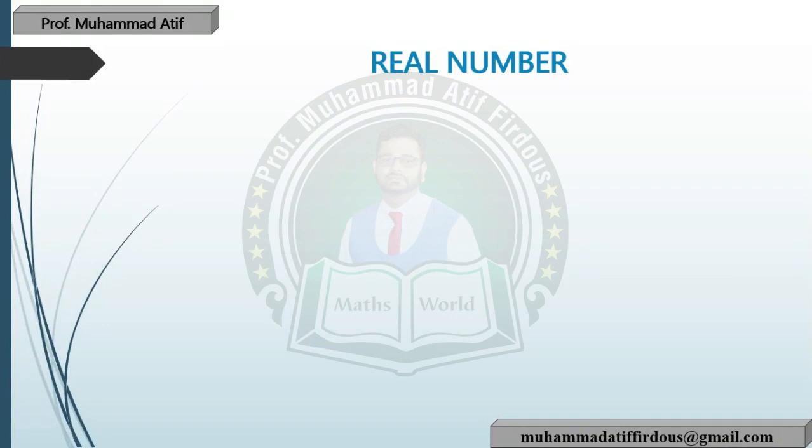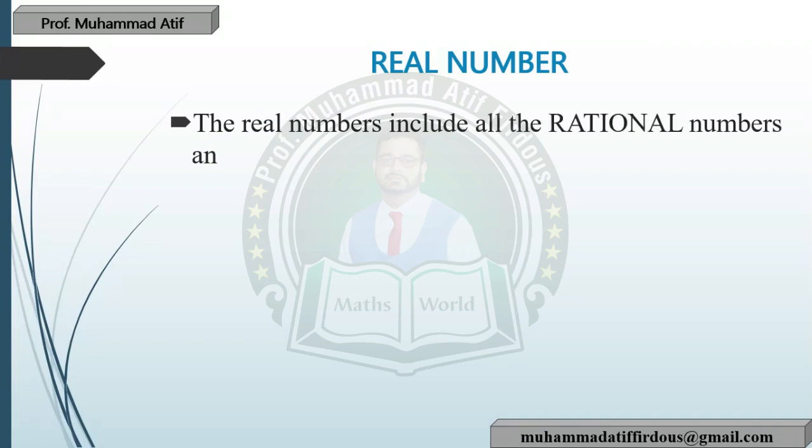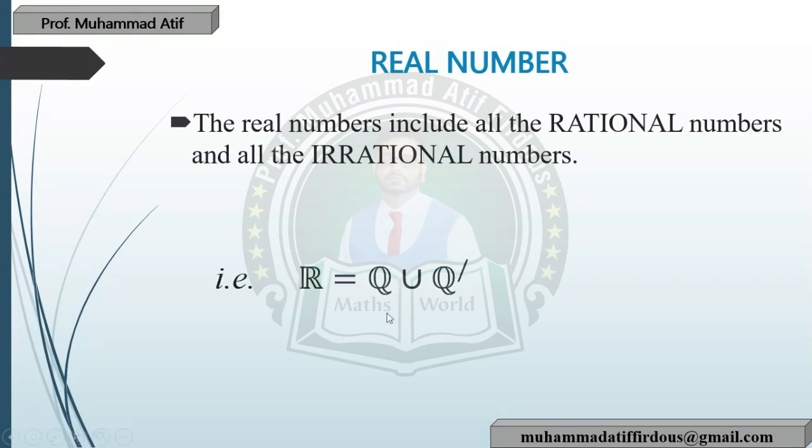Now, what is a real number? The real numbers include all the rational numbers and all the irrational numbers. You can say that R is equal to Q union Q dash. Q is the set of rational numbers and Q dash is the set of irrational numbers. So it includes rational and irrational numbers.